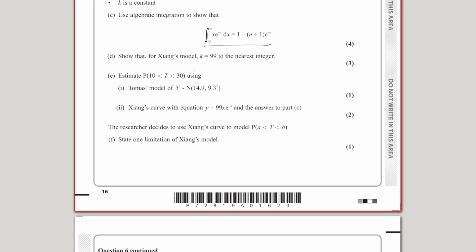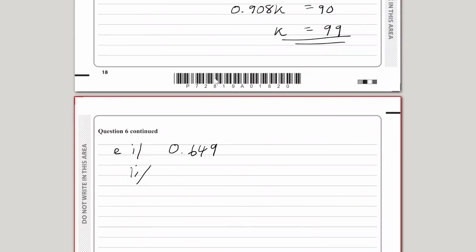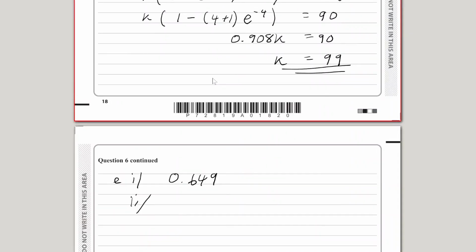We want between 10 and 30. So it's going to be 3 and 0, take away 1 and 0. So we'll substitute in 3 for n and 1 for n and take them away.